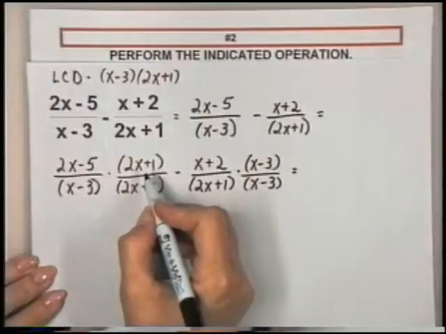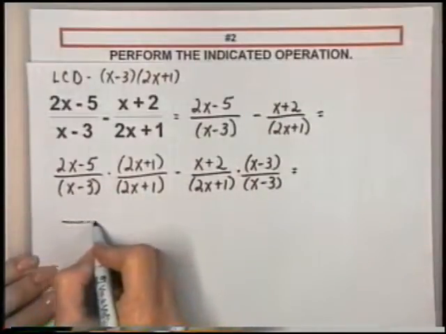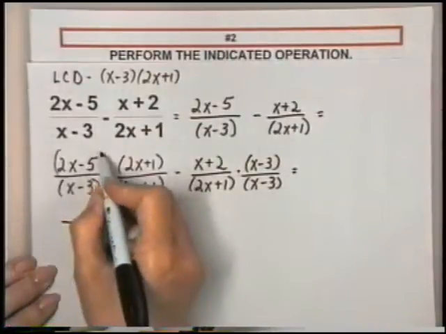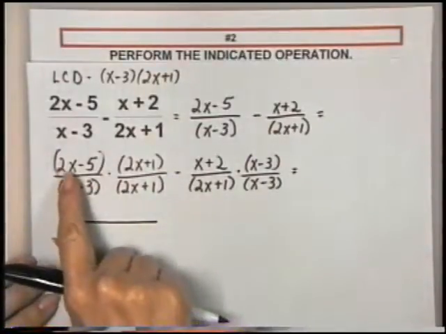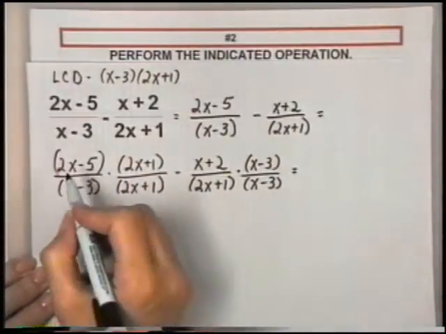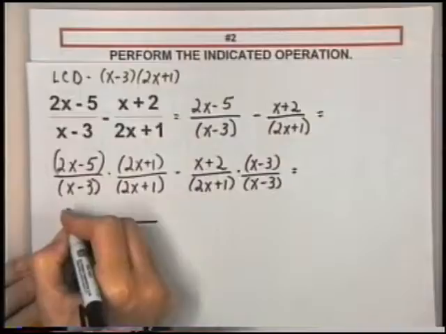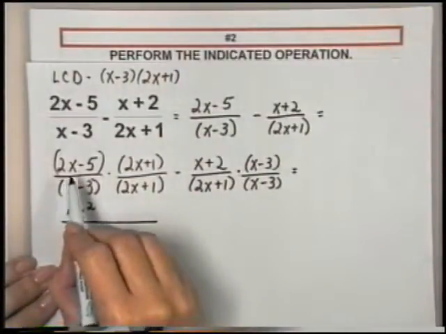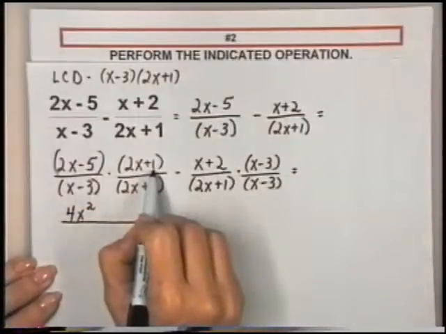Now, when we work with this first fraction, let's multiply out the numerator. And when we multiply, we are multiplying a binomial times a binomial, so we'll use the FOIL method. 2x times 2x is 4x squared. For an outer term, we get 2x times 1, which is 2x.